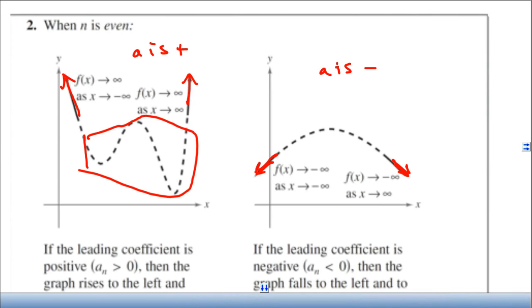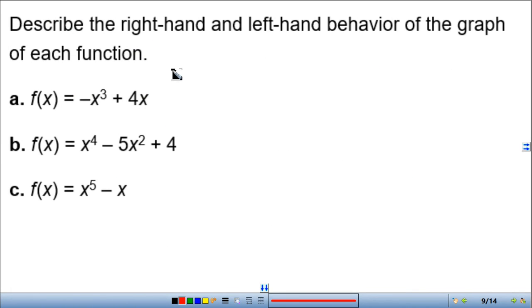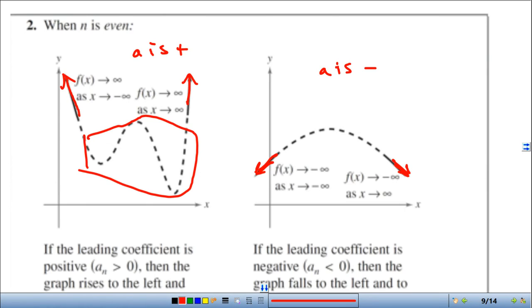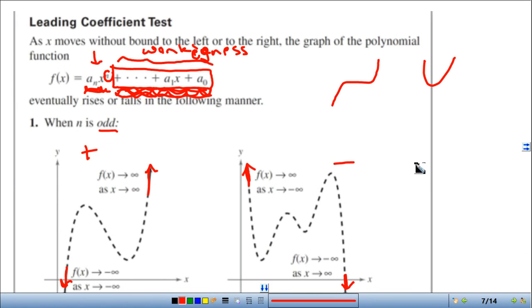So what we're going to do right here is describe what happens on the right-hand side and on the left-hand side for the graph. And so when we do that, we look at the leading term. Now, the power is odd. So I know if the power is odd, it's going to look like one of these two.